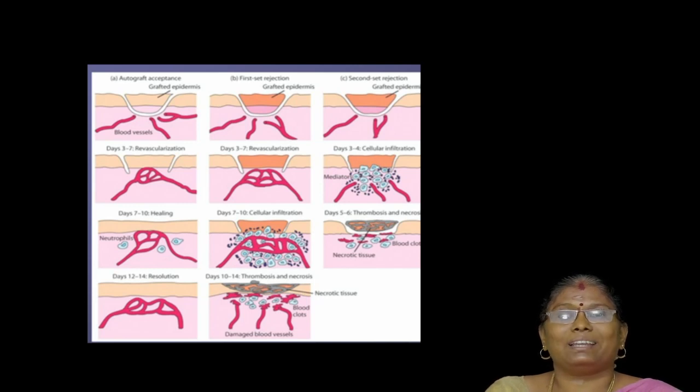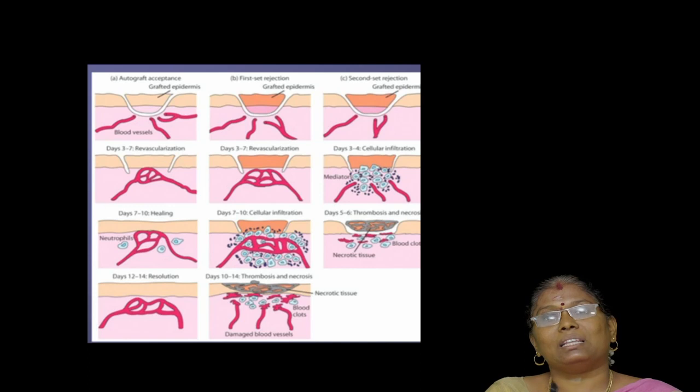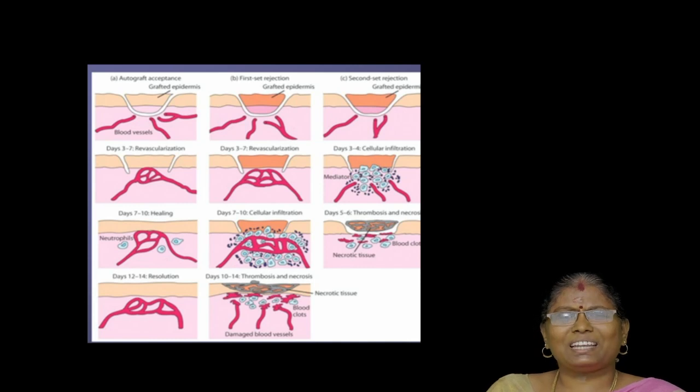Next, we see about the allograft rejection mechanism. There are two types of allograft rejection mechanism in human beings: one is the first set rejection mechanism, the other is the second set rejection mechanism. Under the first set rejection mechanism, within 3 to 7 days the revascularization process is carried out.